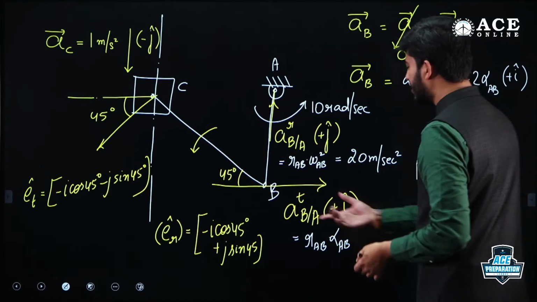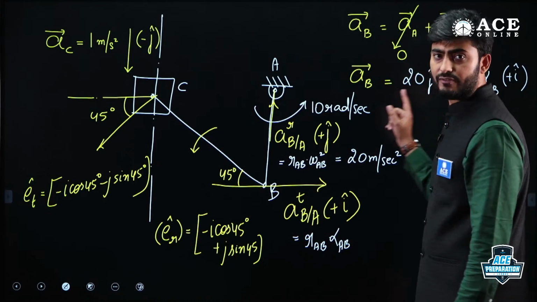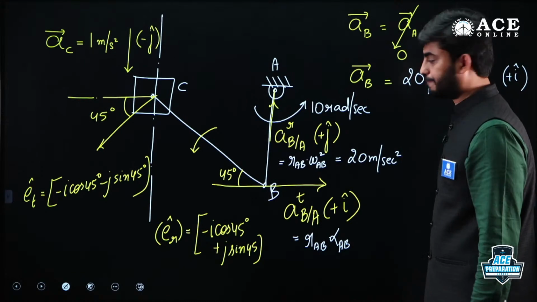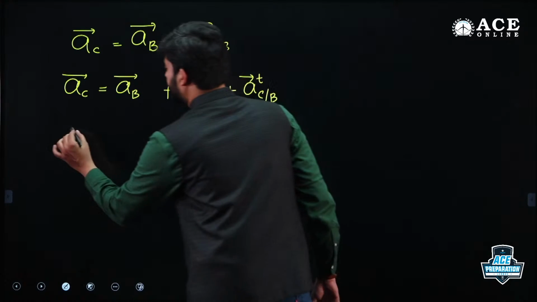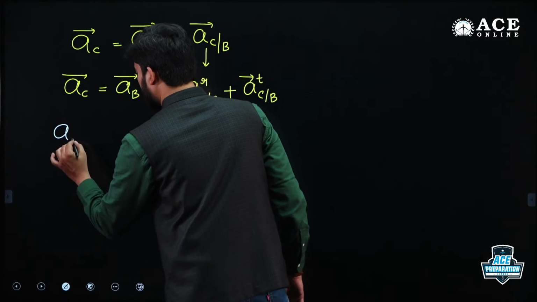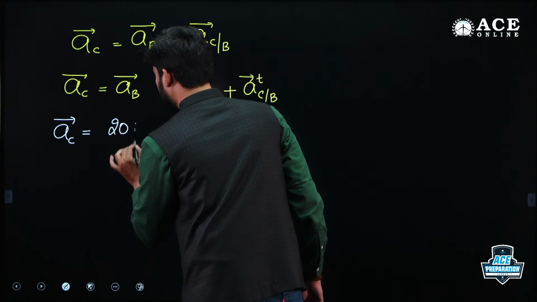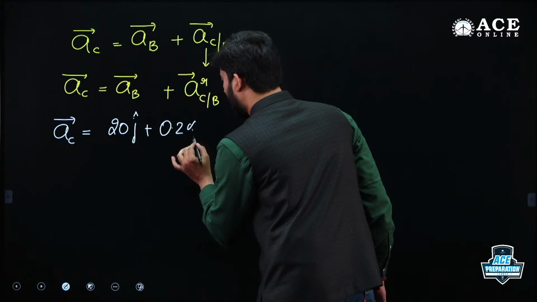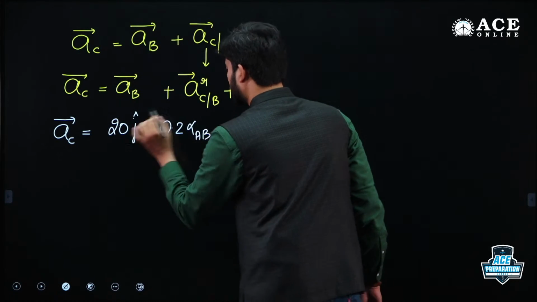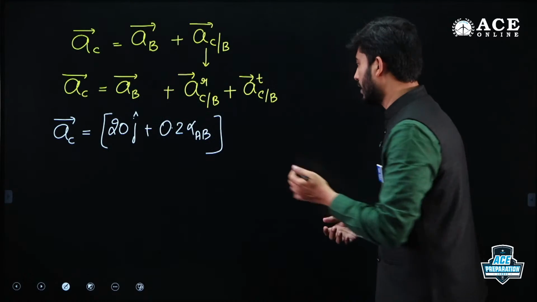I don't know whether this direction is correct or not, I have assumed that. So this is the acceleration vector for point B. Let me just write here acceleration of B is equal to 20 j cap plus 0.2 alpha AB i cap.